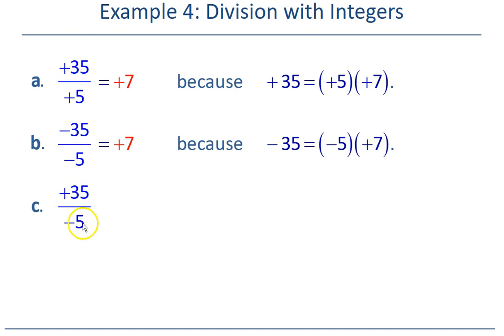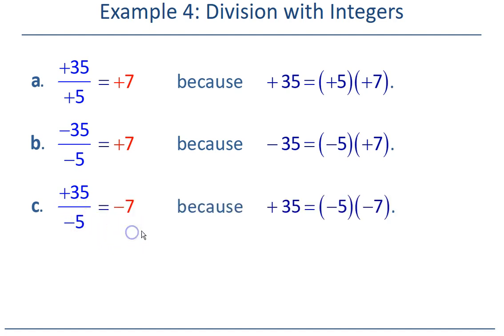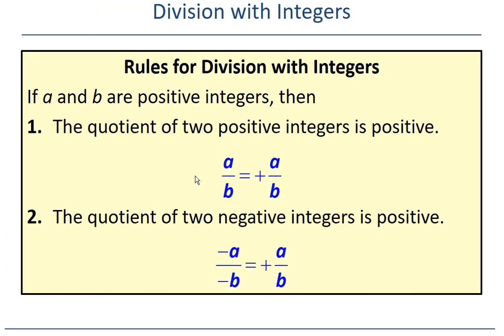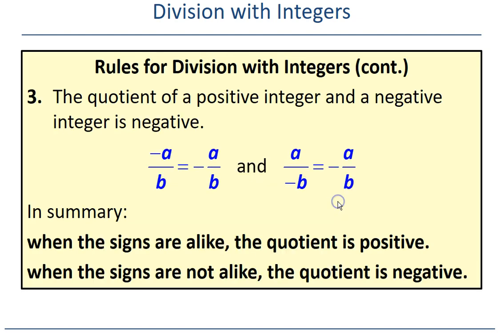So the results here are going to be -7. And again, unlike signs, -7. And they're showing you the value of it if you multiply it through. Again, the rules are the same signs, we end up with a positive. Unlike signs, we end up with a negative.